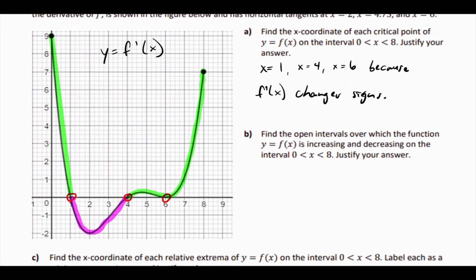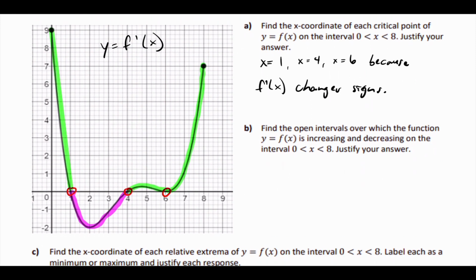Okay, so let's write this down. Let's do increasing first. Increasing. So we got from 0 to 1, 4 to 6, and then 6 to 8.